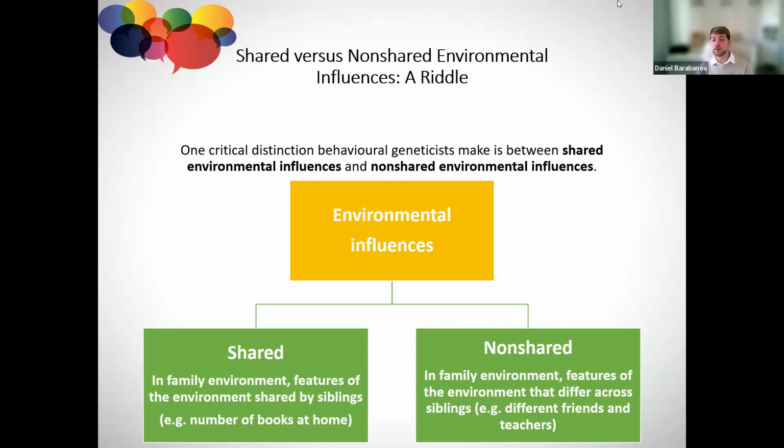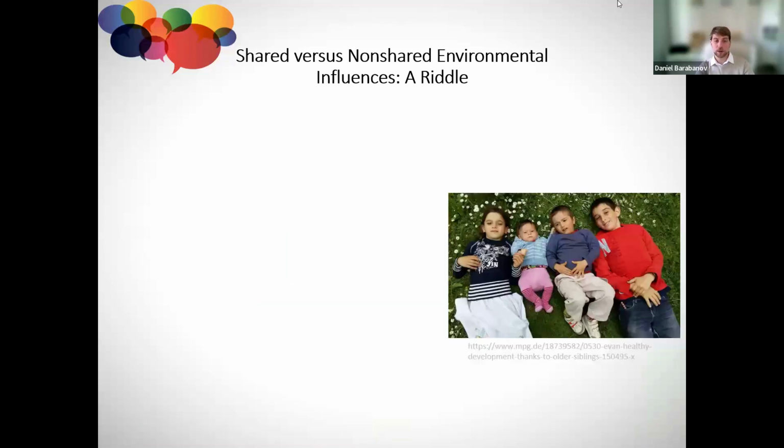So in this sense, most of the environment siblings have is probably non-shared environment, right? Even if they have the same parents and they live in the same apartment or, I don't know, detached house, they still have a huge proportion of non-shared environmental influence. And we need to take this into account when we conduct research in behavioral genetics about personality.